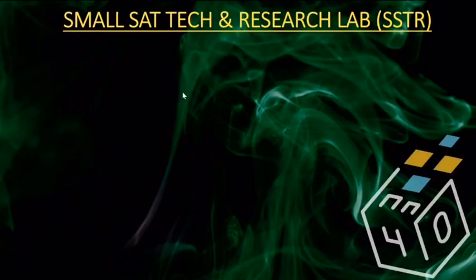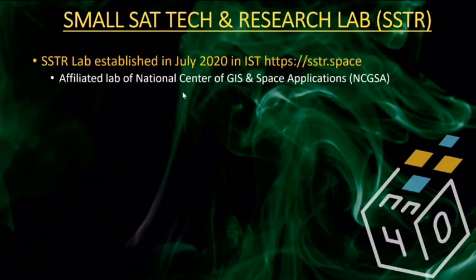Recently, HEC has established a National Center of GIS and Space Applications in IST, consisting of 7 affiliated labs all over Pakistan in various universities. The Small Satellite Technology and Research Lab, SSTR, is one of them and is established in IST. We at SSTR are basically developing a 3U CubeSat, ICUBE-N, and this national CubeSat of Pakistan will be developed in collaboration with various educational institutes of Pakistan.